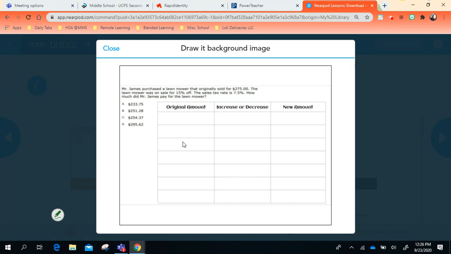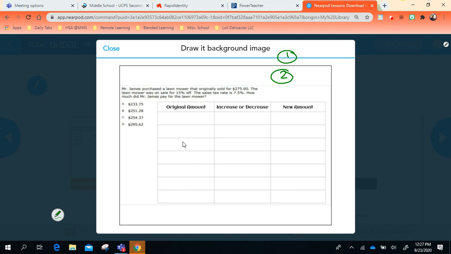If you're having a hard time keeping track of what is your first step and what is your second step, I recommend doing this. Off to the side, you write 1, you write 2. We're going to read it one more time.